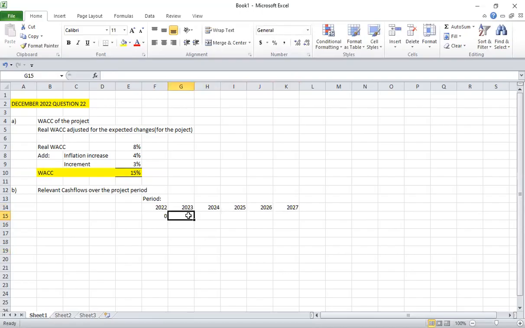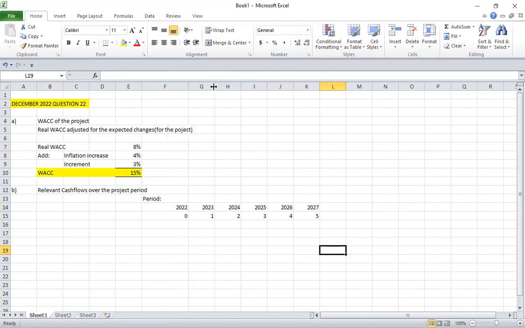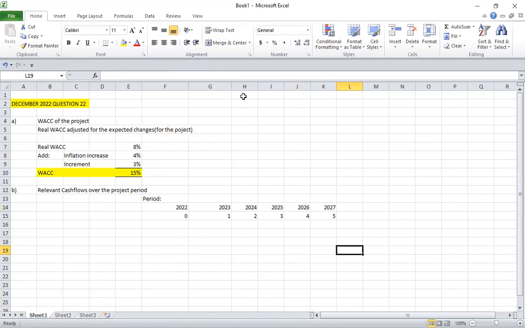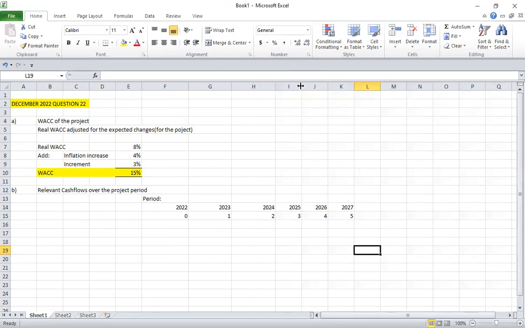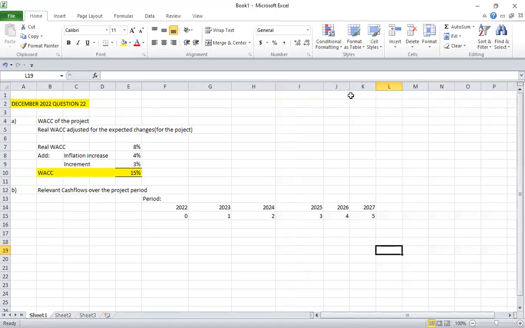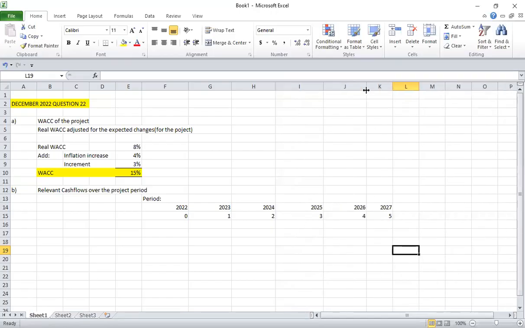So 2023 will be period 1, the next period 2, period 3, period 4, and lastly period 5. That is the kind of sequence which we deal with.